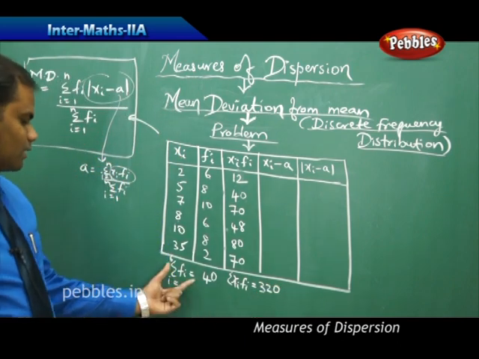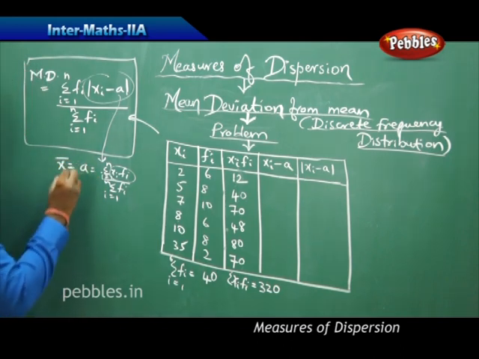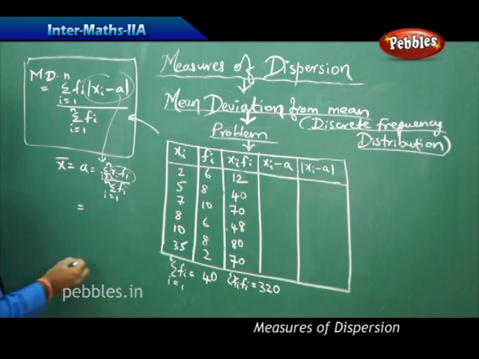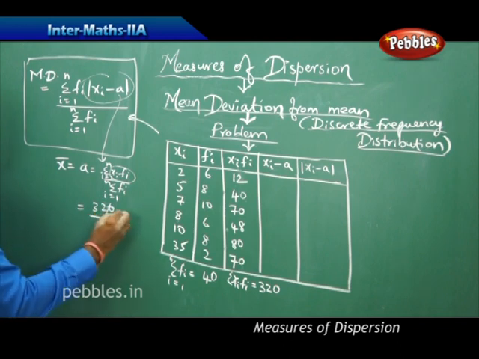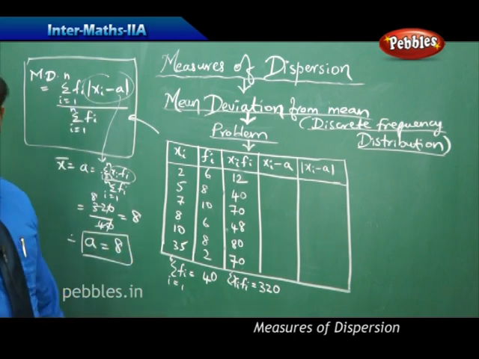I can find the arithmetic mean x bar or a by substituting sigma xi fi, which is 320, and sigma fi, which is 40, which on simplification gives 8. Therefore, a is 8, which I'm going to substitute in the mean deviation.